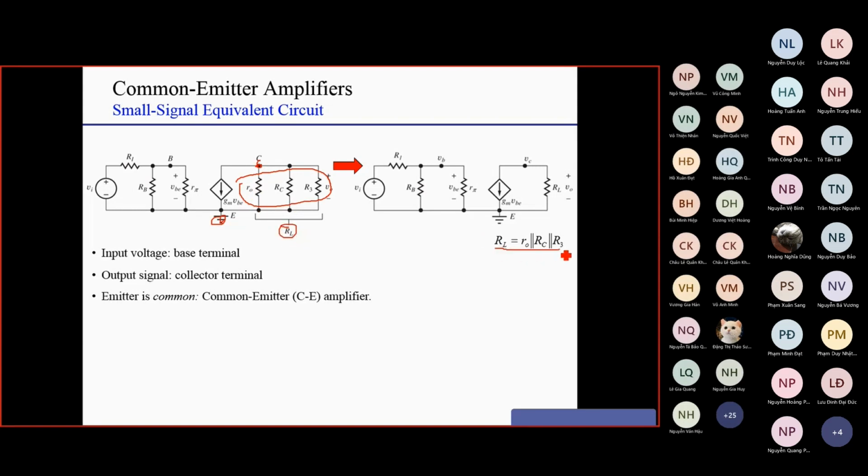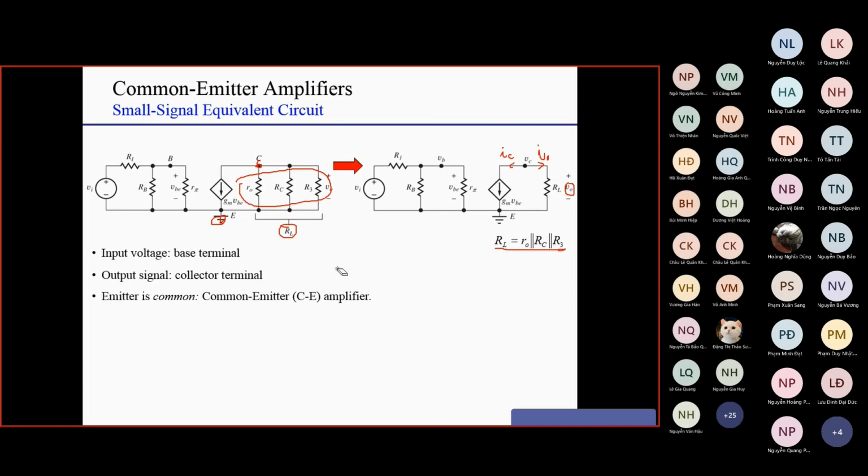Okay, so RL here is R0 in parallel with RC and R3 here. And we can deduce immediately that the output voltage, that means the voltage on the load, VL here, is simply the output current here, IL, multiplied by RL. And IL is equal to minus IC here. And IC here is GM VBE. Okay, so we will calculate together here in order to deduce the voltage gain.